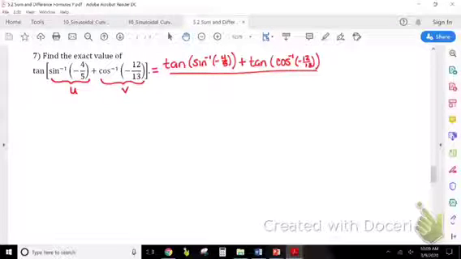All over 1 minus tangent of U times tangent of V.